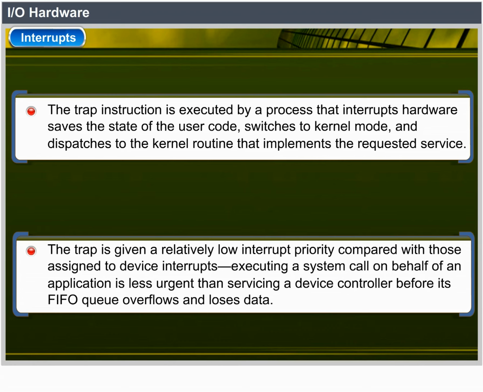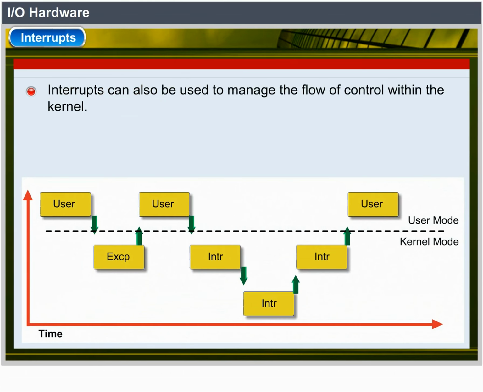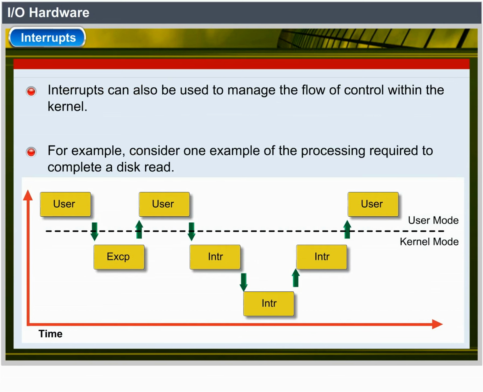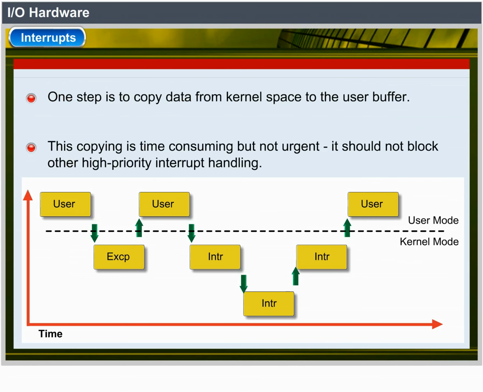Interrupts can also be used to manage the flow of control within the kernel. For example, consider one example of the processing required to complete a disk read. One step is to copy data from kernel space to the user buffer. This copying is time-consuming but not urgent. It should not block other high-priority interrupt handling.